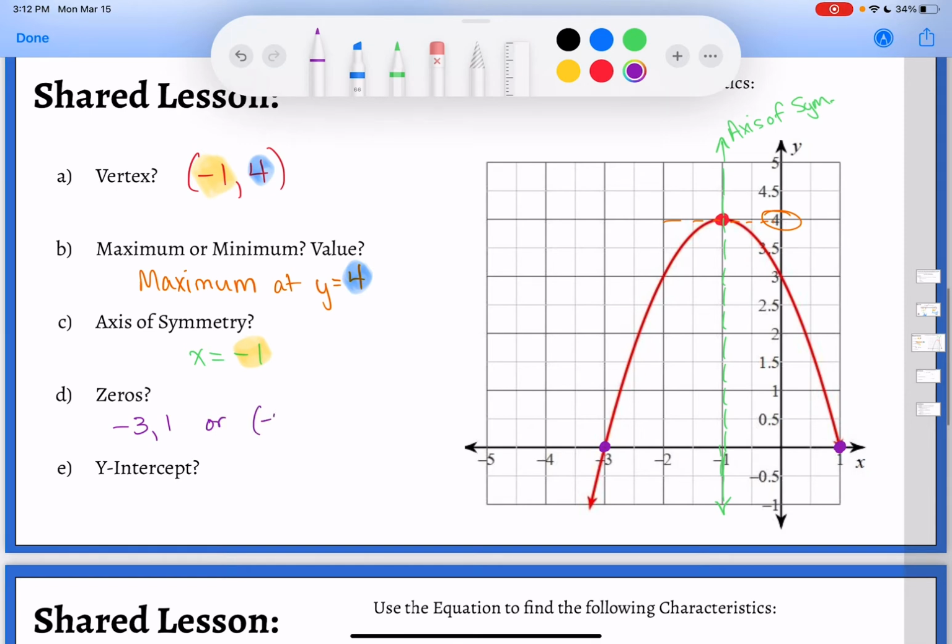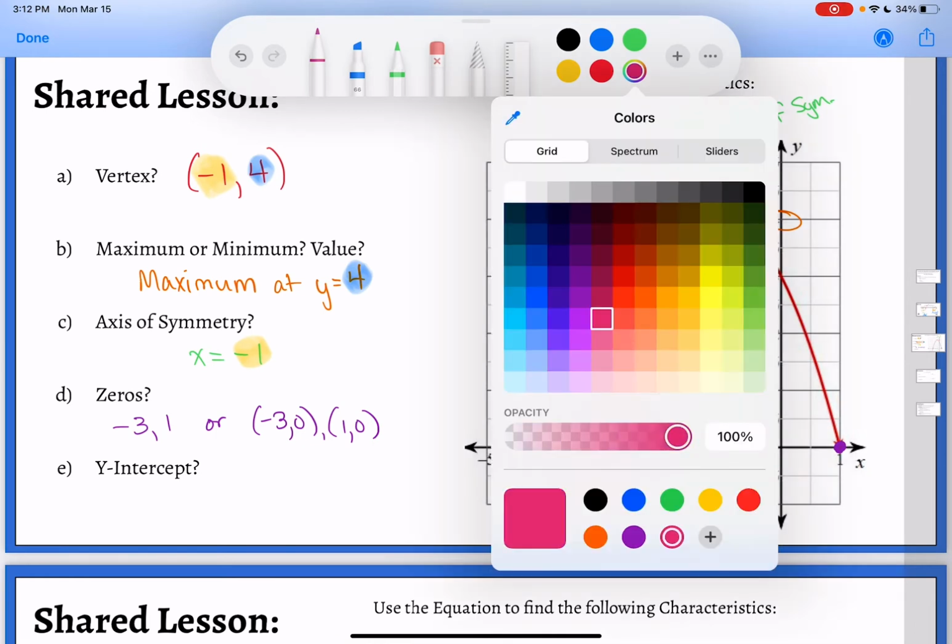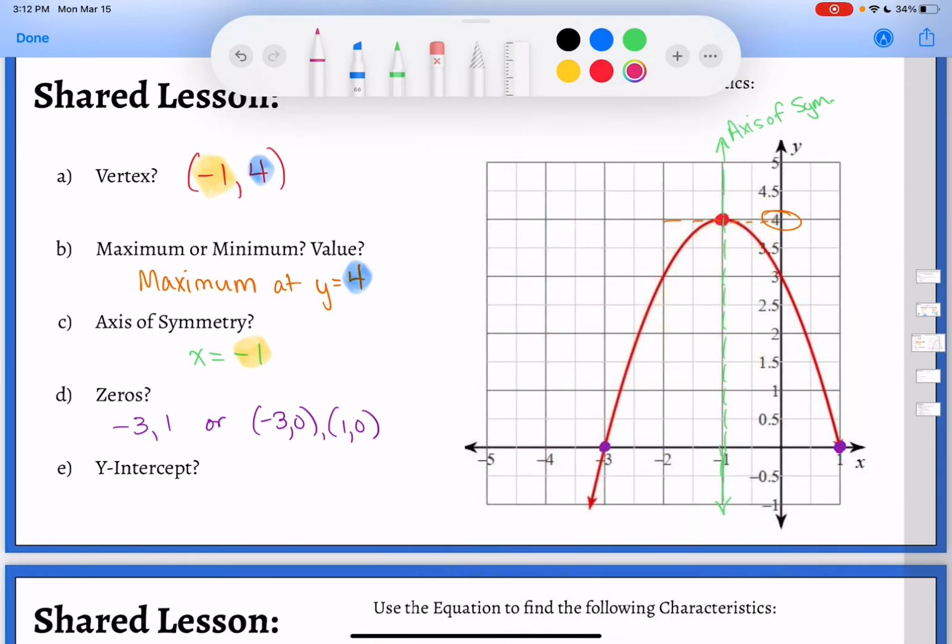Or we could say (-3, 0) and (1, 0), either way. All right. And finally, it's asking us for the y-intercept. Again, the y-intercept is where it crosses the y-axis, and that looks like the y-intercept is 3. Or I could write it as the point (0, 3).